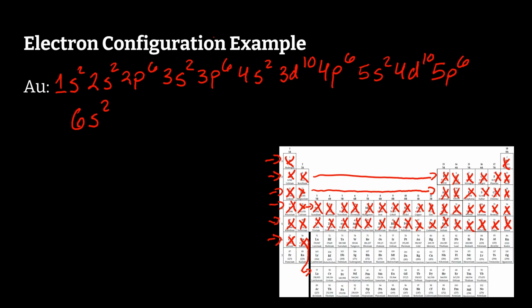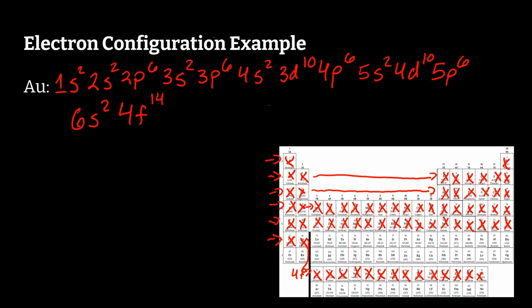And so for the F block, we are going to reduce the row number by 2. So this and everything will end up being 4F. So this will be our 4F, and the F block is able to hold 14 electrons. So this is 4F14.